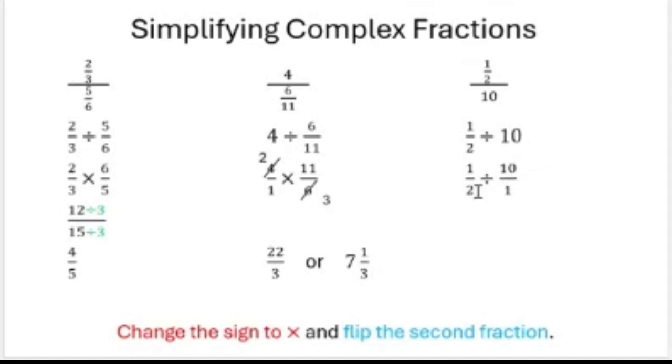You see the 10 and the 2, but no, it's division. That canceling only happens for multiplication. So I turn that into multiplication, a half times 1 over 10, and in fact, nothing does cancel in this case. 1 times 1 on the top, 2 times 10 on the bottom. So there's a few examples of simplifying complex fractions.